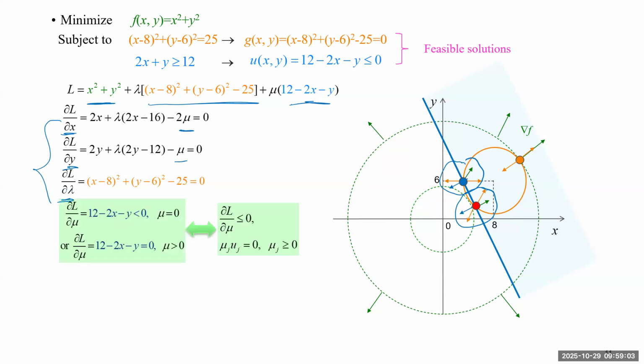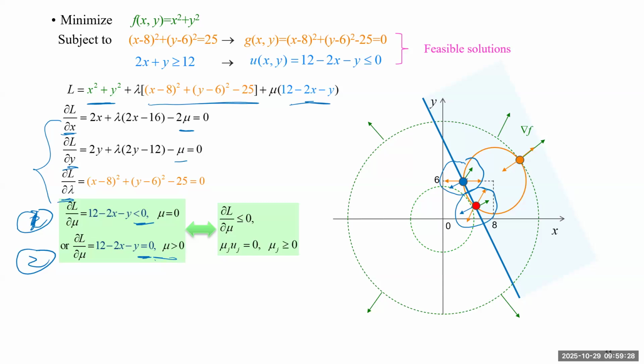Then for the partial L, partial lambda, we have to compare two cases. The first one is if this stays inside of this shadow area, so the U will be negative. The second will be U will be 0. Okay, so U is 0, so that's equivalent to the equality constraints.